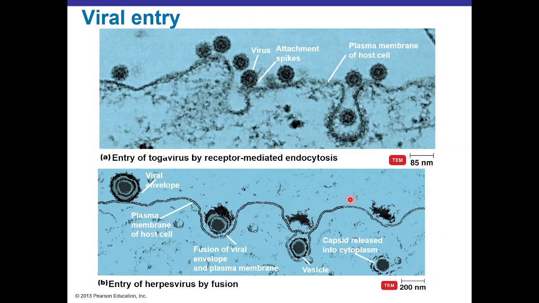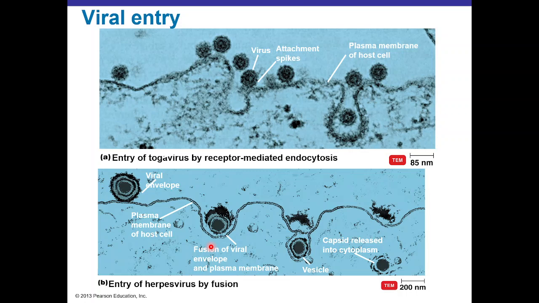And just to show you again, the viral entry with receptor-mediated endocytosis for a naked virus. Viral particles, in this transmission electron micrograph, will be attaching to the host cell plasma membrane, and then you will introduce the plasma membrane with a particle, forming an endocytosed viral particle.